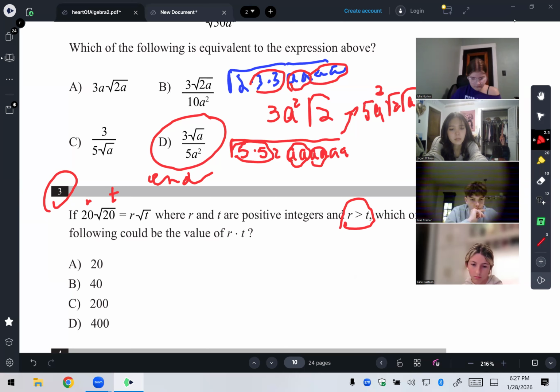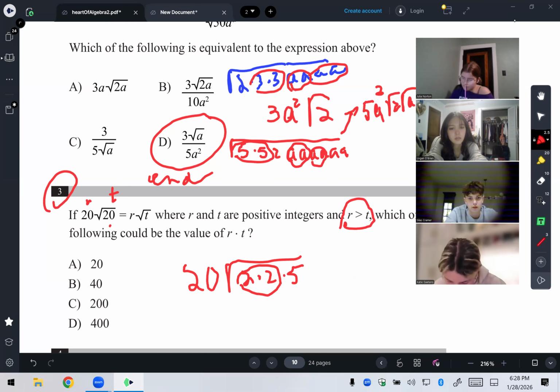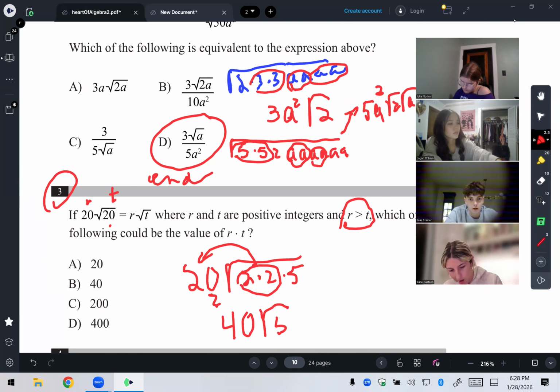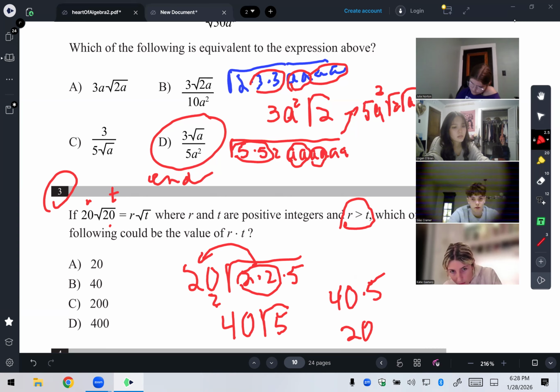So I'm taking the square root of 20, which is 2 times 2 times 5. I'm making a marriage of 2's, and one 2 comes out as 1. So I get 2 times 2, which is 4... now my r is bigger than my t, and so 40 times 5 would be 200.